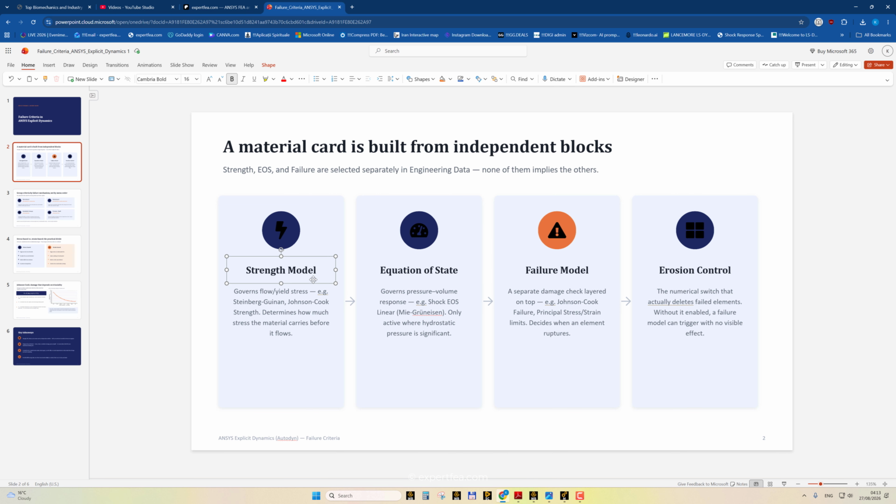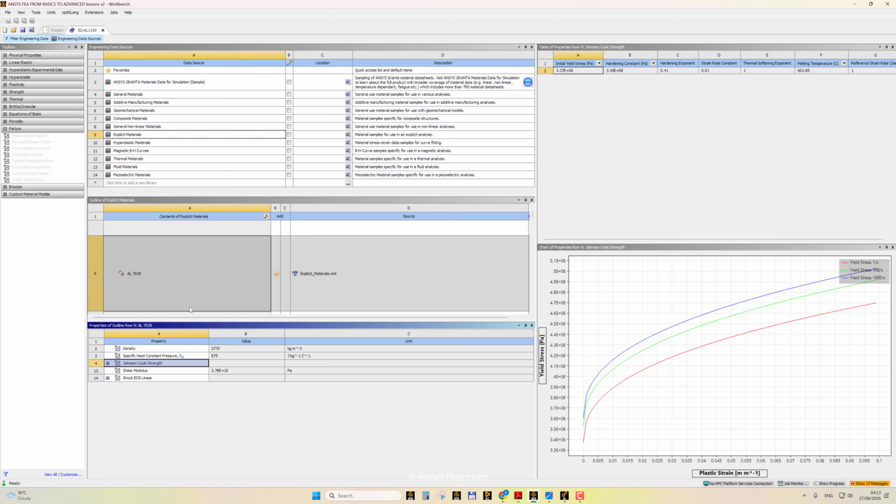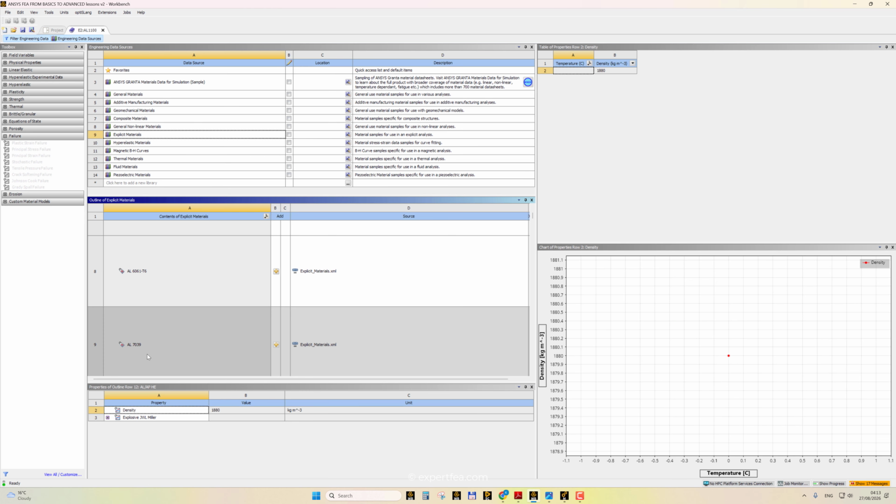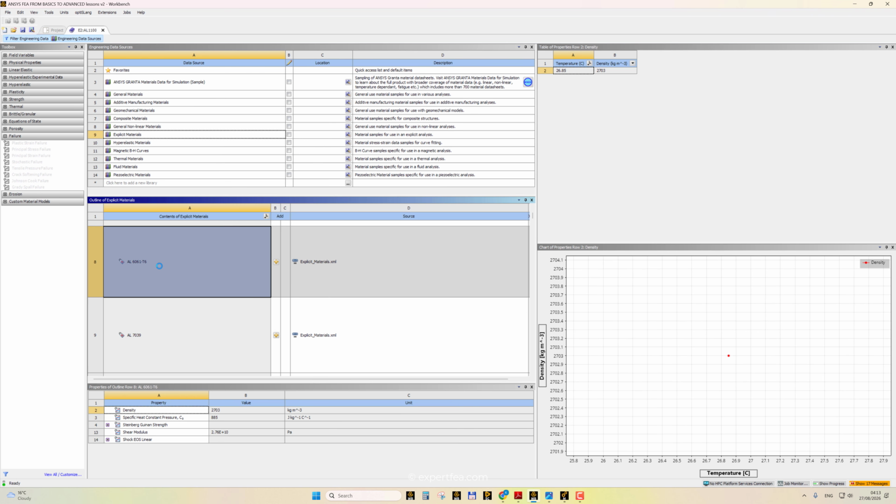So you have seen strength model, Steinberg-Guinan, for example, or Johnson-Cook strength model. You have seen equation of state, and you will see a failure model. At this moment, in ANSYS, we do not have such failure models applied. For example, let's see. No, this is explosive. For example, for aluminum, I know even for other metallic materials, they are not defined.